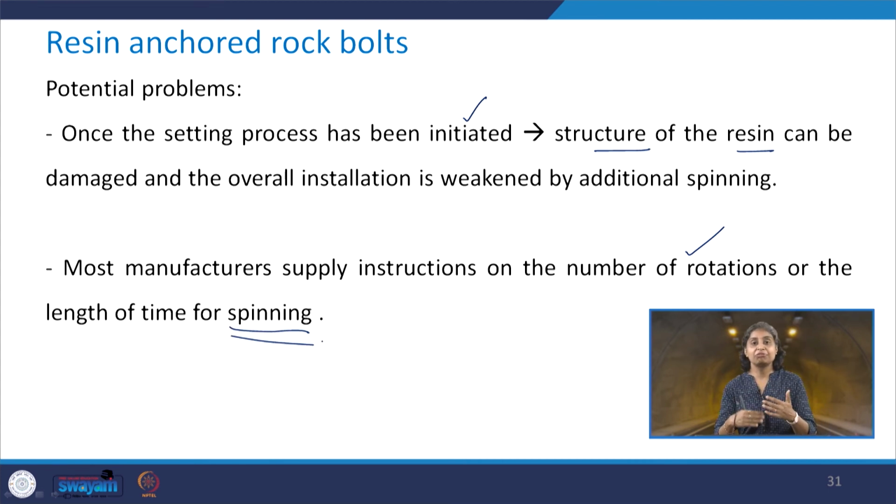Let us say it is given that you provide n number of rotations. After you provide n rotations, the structure of the resin has set. If you provide more rotations, that structure gets disturbed and damaged, and therefore the overall installation will get weakened.